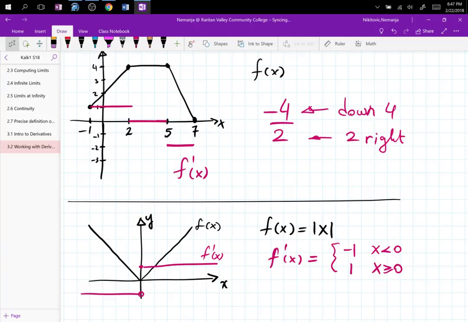Now, we are supposed to draw a conclusion here from this picture. Anytime the function is increasing, the derivative is positive because it's above the x-axis. Look at that. Every time the function is decreasing, the derivative is negative, which is below the x-axis.